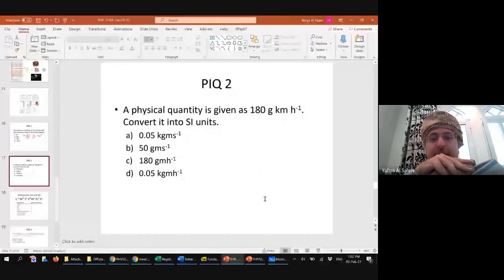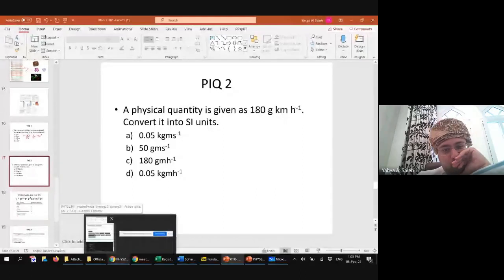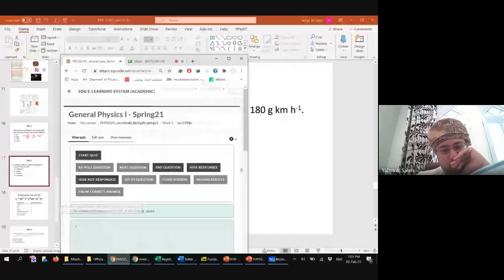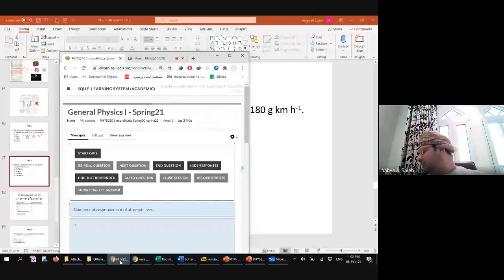A physical quantity is given as 180 grams kilometers per hour, converted into SI units. Take your time. You have 2.5 minutes.